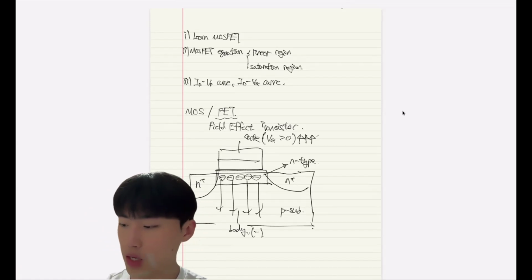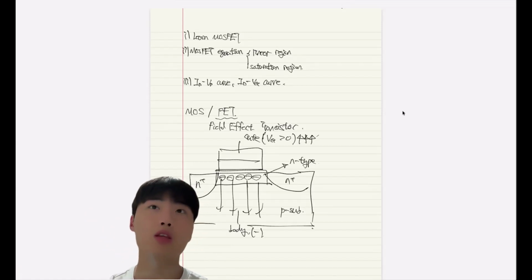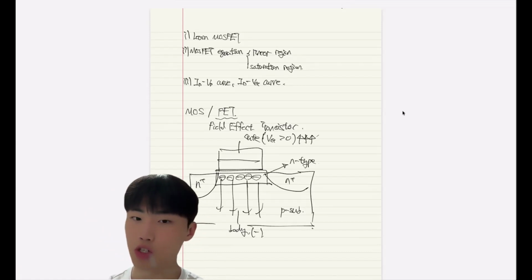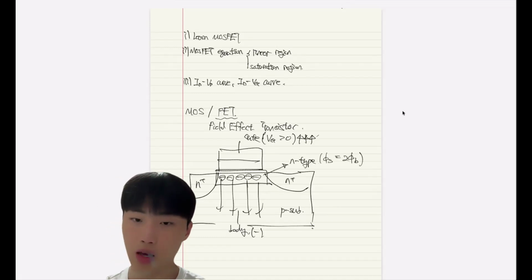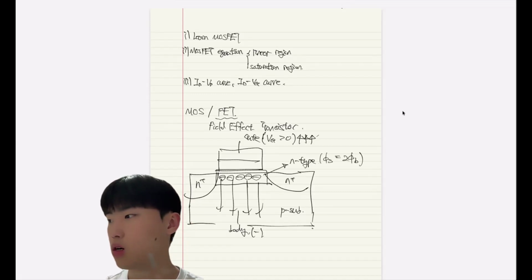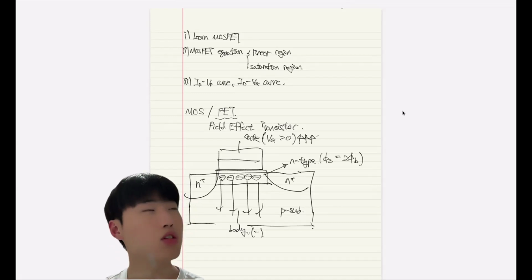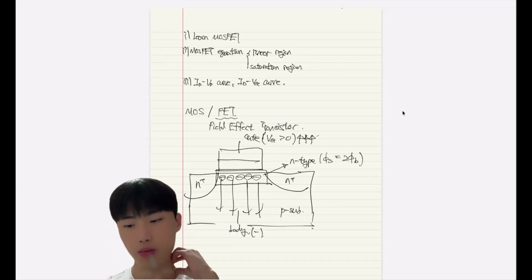The sufficient condition of the strong inversion is that phi s is 2 phi b, and when that condition holds there will be strong inversion, and we say the channel has started.